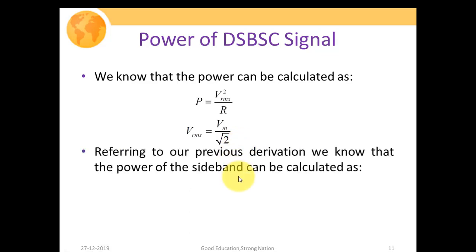Referring to the derivation that we did in our previous classes when we were studying traditional AM systems, we know that the sideband power can be calculated as (Ac Ma by 2 root 2) whole squared by R. Here we have put down the value of Vm as Ac times Ma by 2 from the previous expression.